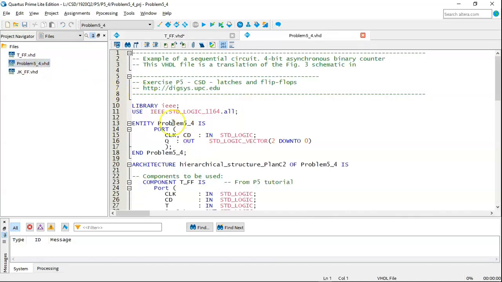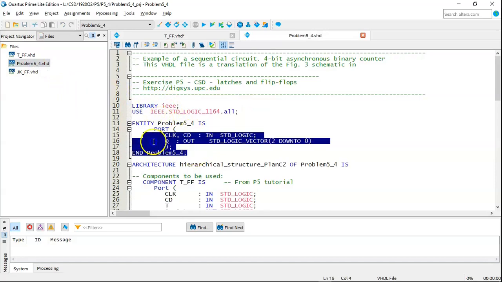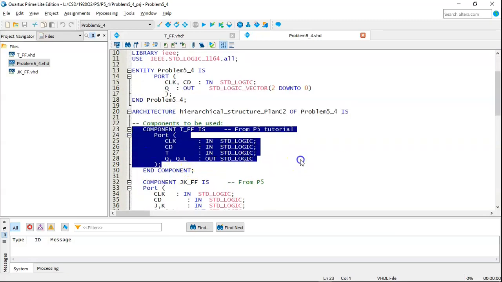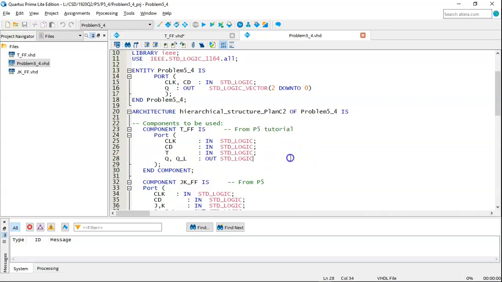So you can go back to your top entity, and now your top entity has to be like that, right? Q, 2 down to 0, the T modified, you see? For adding the QL, which was not there in the tutorial.